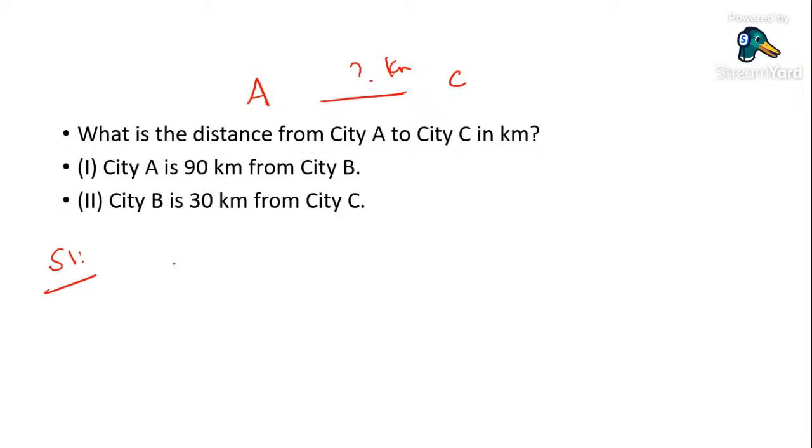Statement A says the distance between A and C is 90 kilometers. A and B are 90 kilometers.